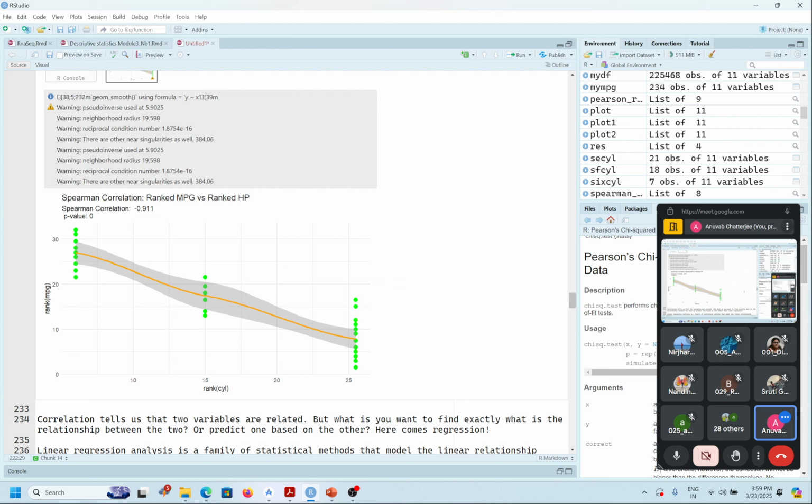As we have previously seen using ANOVA, the actual relationship between mileage and the car's strength is the horsepower. As the horsepower increases, the mileage decreases. The cylinder is essentially contributing towards horsepower, which is why both of these are negatively correlated. The cylinders by itself are not decreasing the mileage. So this is what we meant by causation versus correlation.